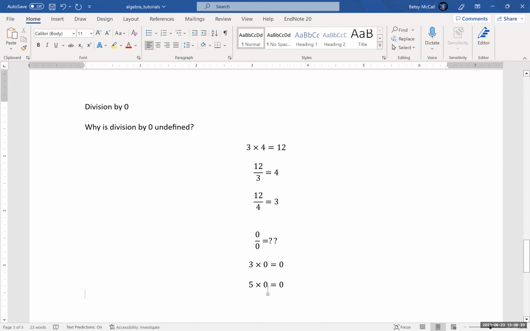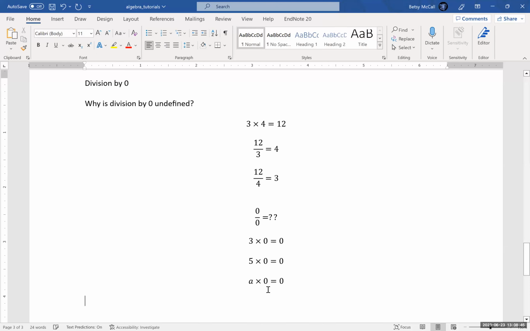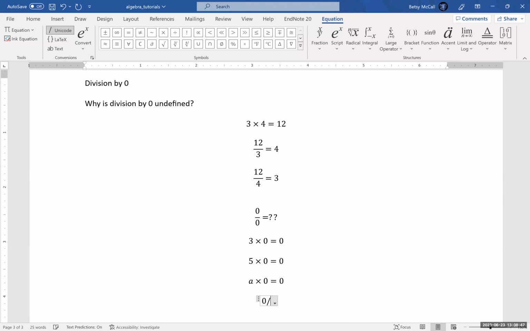That would say that 0 divided by 0 was 5. In fact, I could substitute any value in here, any number times 0 is equal to 0. And so 0 divided by 0 could in fact be A, for anything.